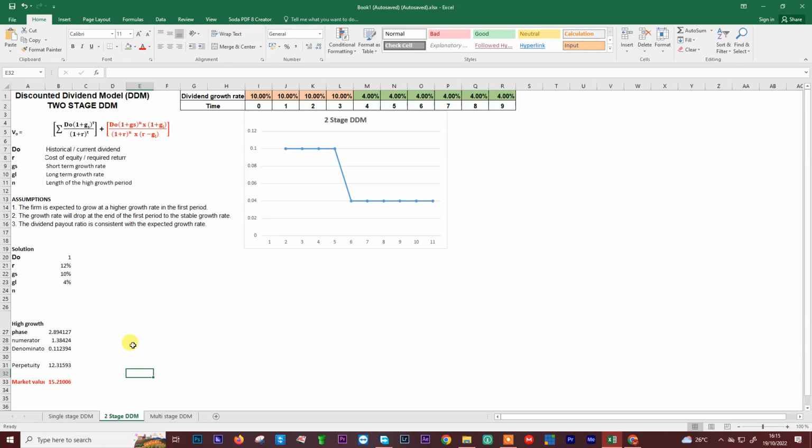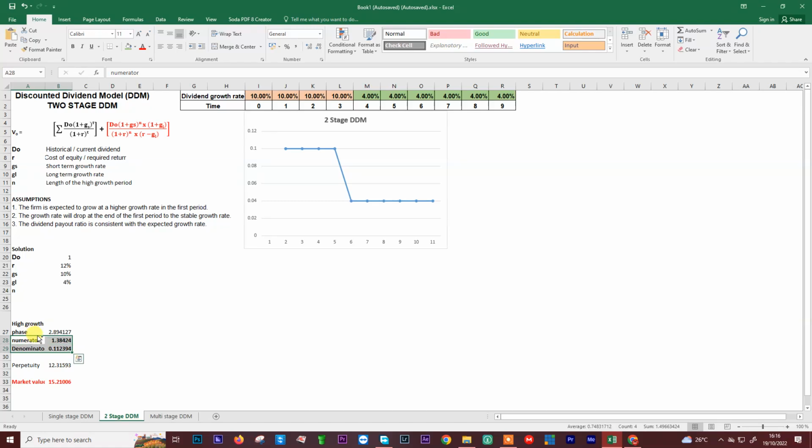We first of all compute the high growth phase value right over here, which we've done using the formula over here. And then we compute the numerator and the denominator to avoid confusion. So these two over here, then down like that.